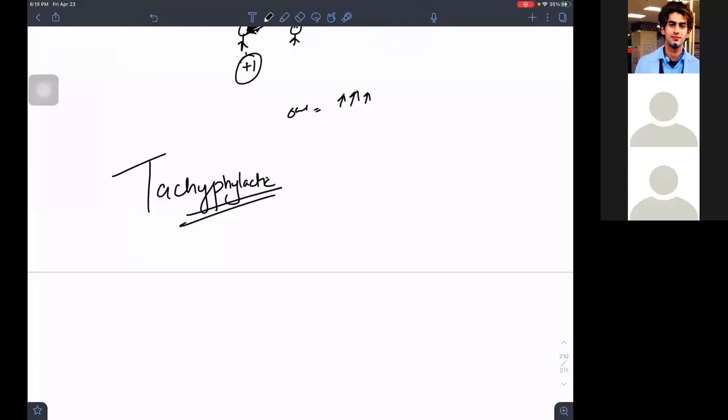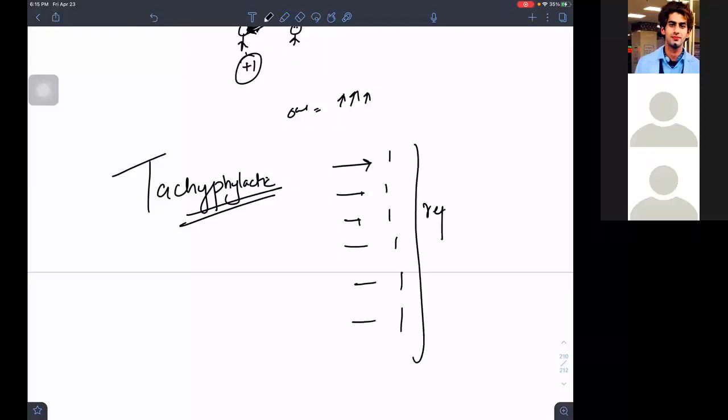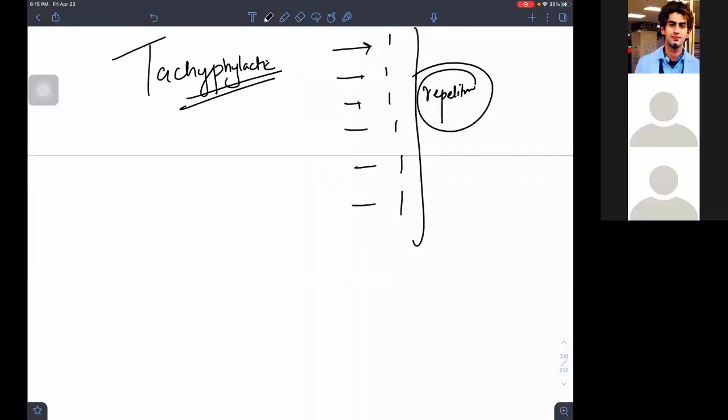Once I am giving a drug today, tomorrow again I give a drug, next day again, and again. It is repetitive in nature. What will happen? There will be an acute decrease in the drug's effect.